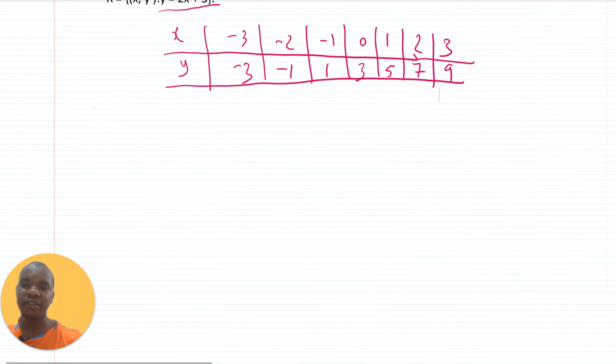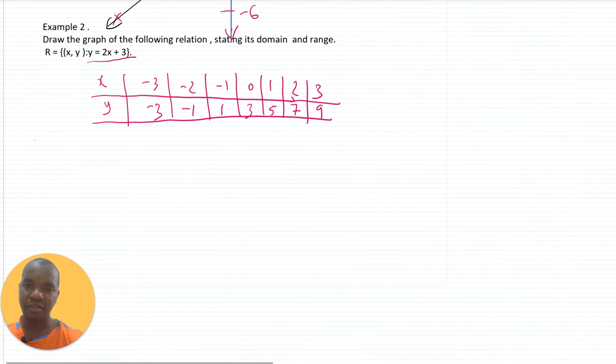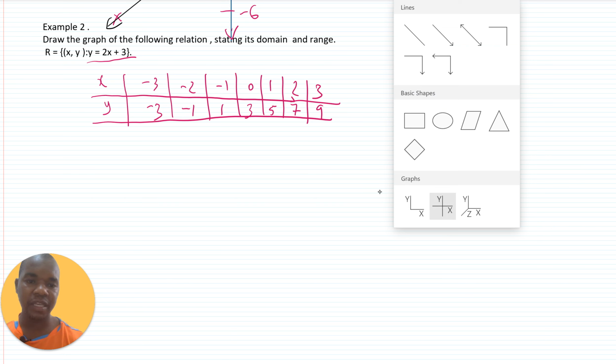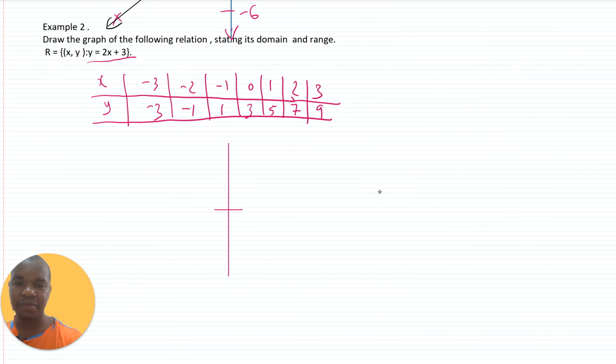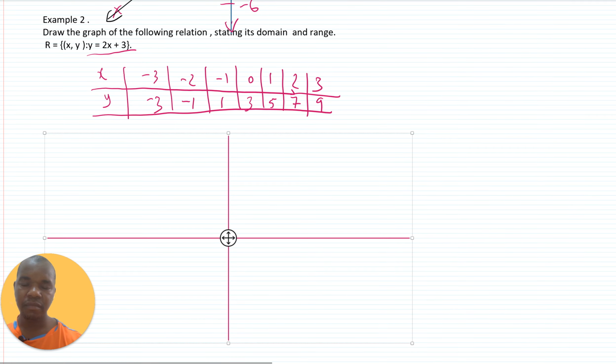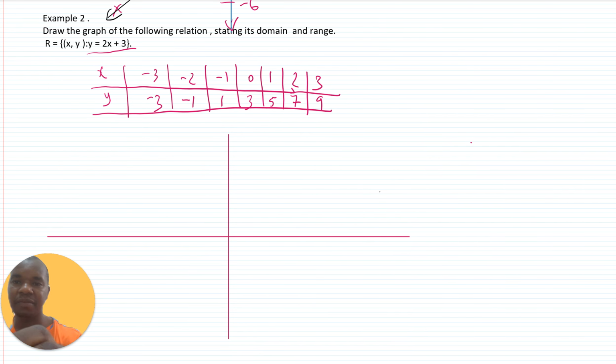With the table of values we have now, we are going to sketch a graph. So this is our xy plane. We'll be having the y axis and the x axis.